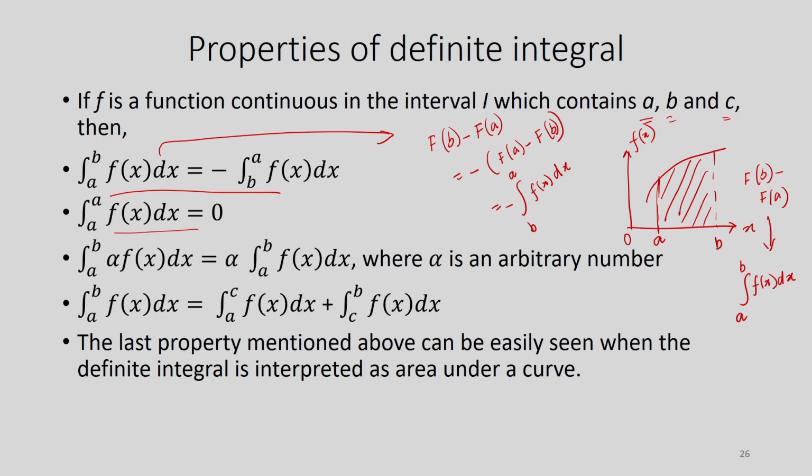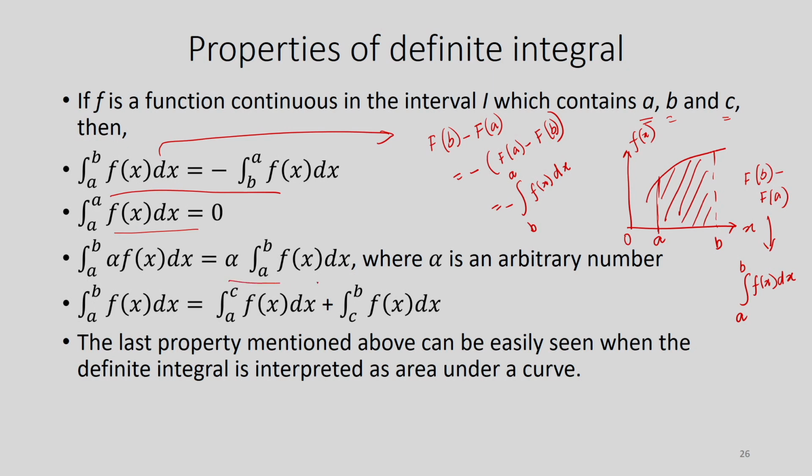Thirdly, integration of a to b alpha f x dx is equal to alpha multiplied by integration of a to b f x dx, where alpha is an arbitrary number. This is equivalent to what we have seen in the case of indefinite integral. There also, if you have a constant term in the integrand, it can be brought out.